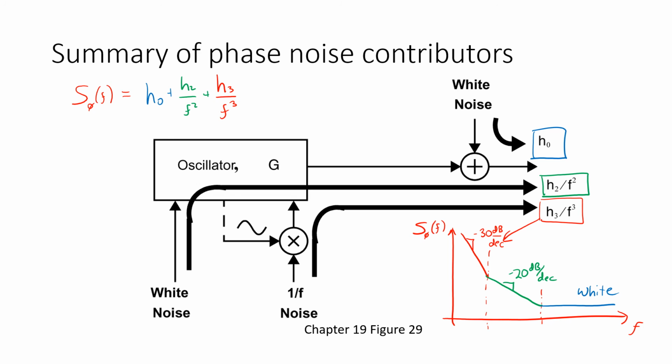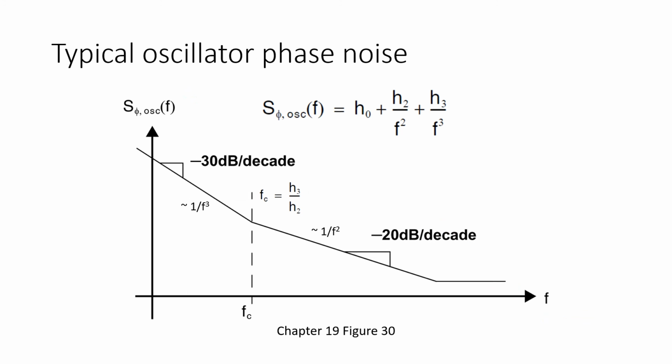If you take that clock waveform at the output of the oscillator and feed that back as part of a phase lock loop to adjust the voltage control on the oscillator, then you've placed this whole circuit inside of a larger feedback loop that filters this phase noise, and we'll talk more about that in a future video. But in such cases, the phase noise that you observe at the output of the phase lock loop will be a filtered version of this, and will not look quite like this.